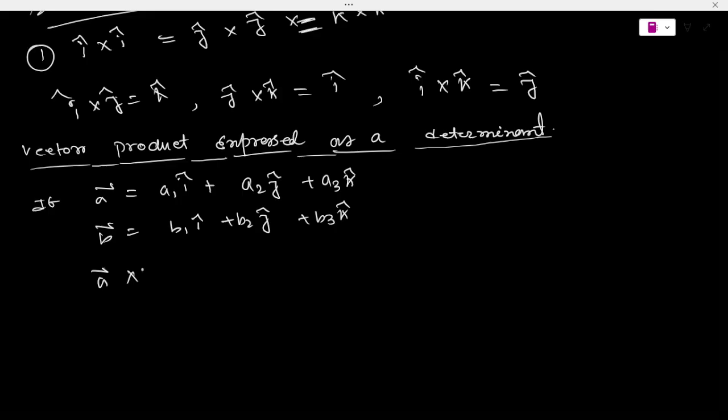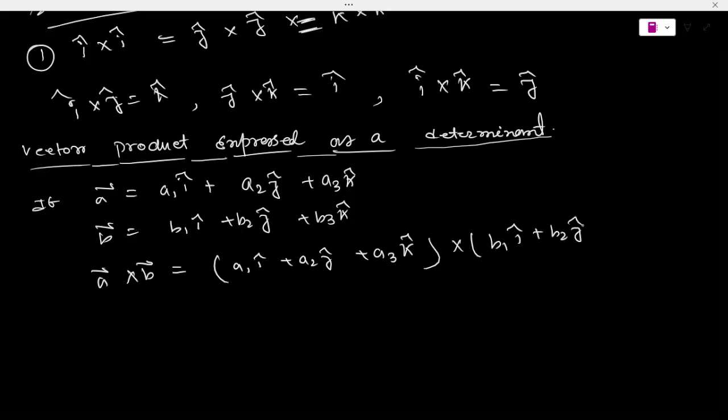So a vector cross b vector is equal to a1 I cap plus a2 j cap plus a3 k cap into b1 I cap plus b2 j cap plus b3 k cap.